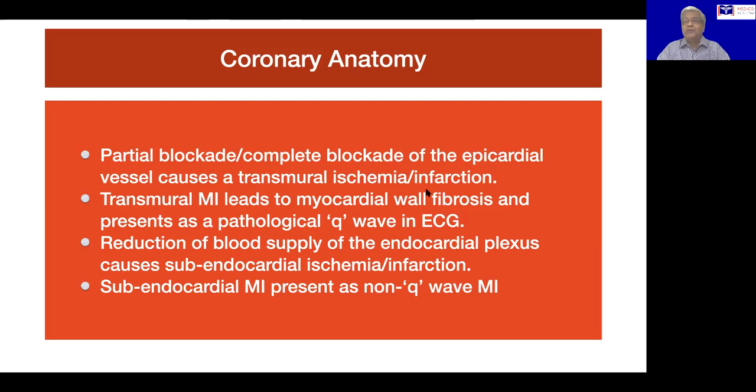The presence of a Q wave in an ECG is basically an indicator of fibrosis which is of transmural nature. In case you have just a reduction in blood supply to the endocardial plexus, we call it subendocardial ischemia or infarction. Such patients do not have Q waves, and so it's called a non-Q wave MI.